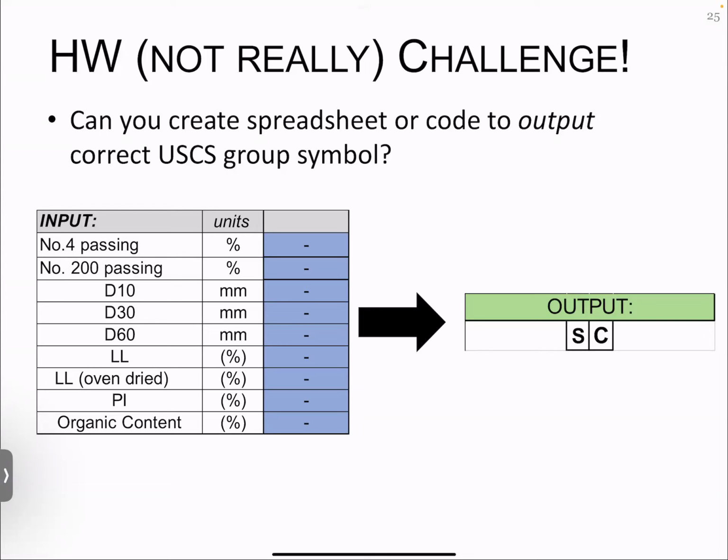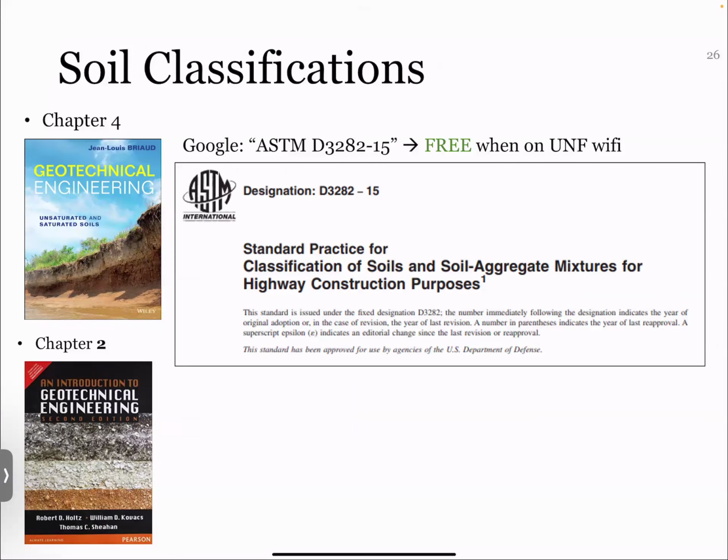This is not required at all, but I just think it's fun and it'll help you in the future. This is Excel? Yeah, you can do it all in Excel. It's sketchy, but if you know MATLAB or anything, you can do that. So again, not assigned. If you do show me it and you submit it, then I will be impressed, but that's about all you get. Sorry, unless you really need extra credit, then we can talk.